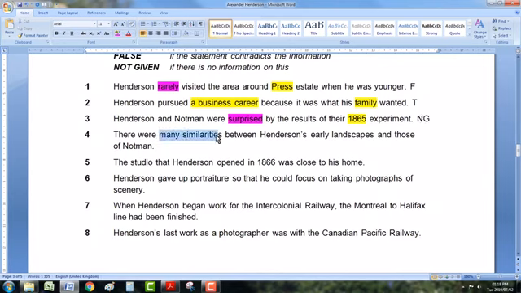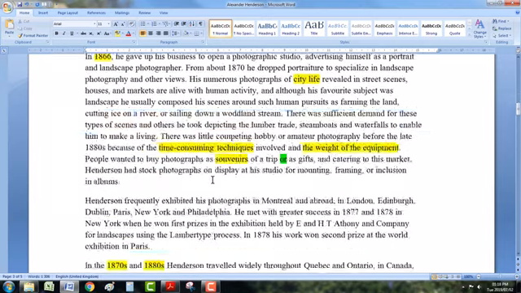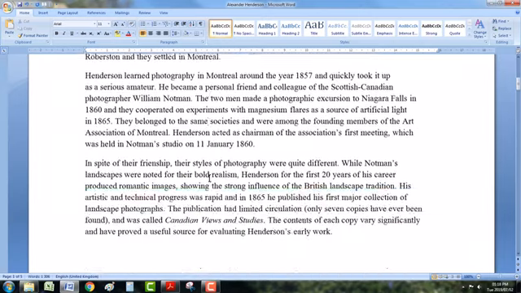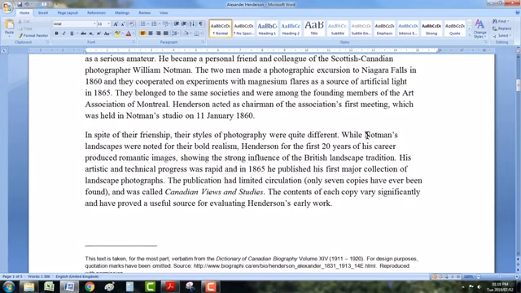Many similarities. I think that's target language. Between the early landscapes and those of Notman. So Henderson's landscapes and Notman's landscapes had many similarities or differences, or we don't know. Scan. There is Notman's landscapes.